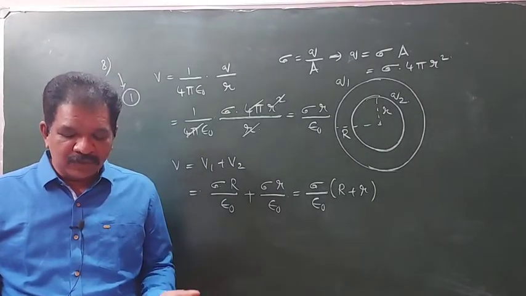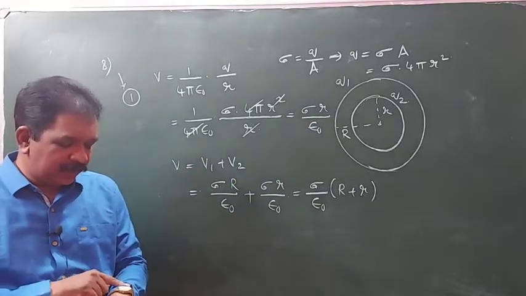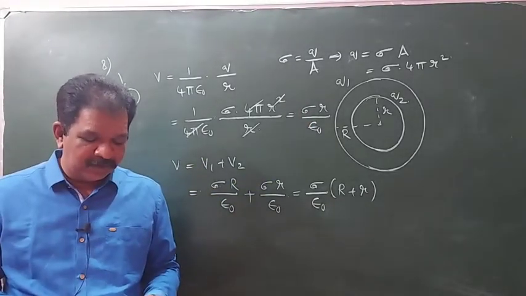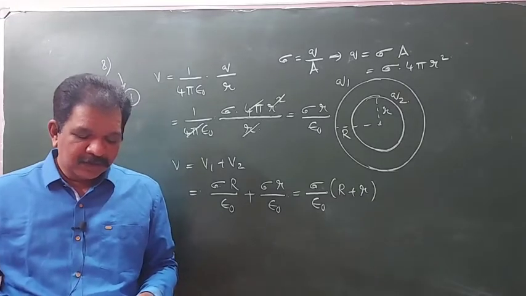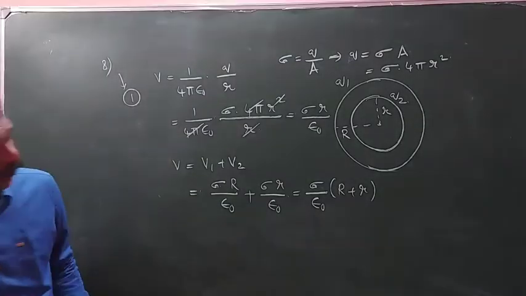Additional charge of 2 coulomb is given to a capacitor. Then energy stored in it is increased by 21%. The original charge on the capacitor is. Okay.